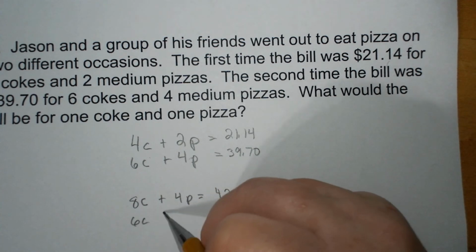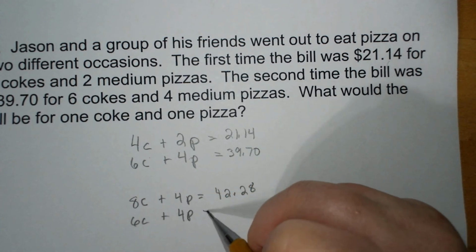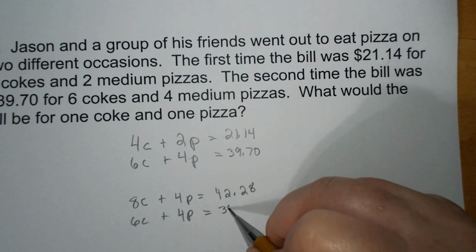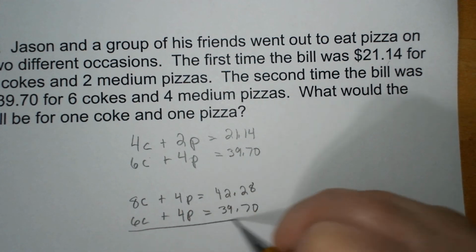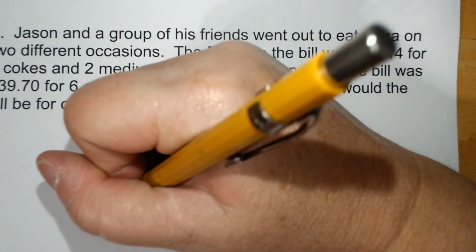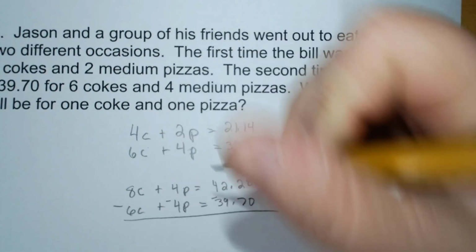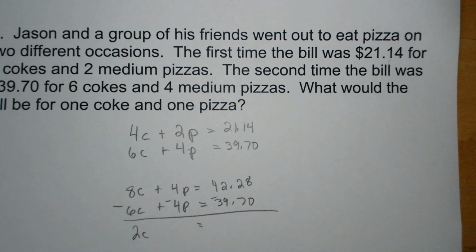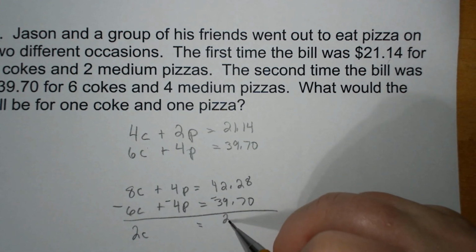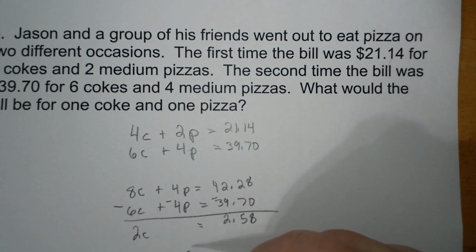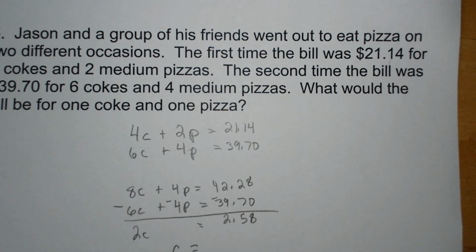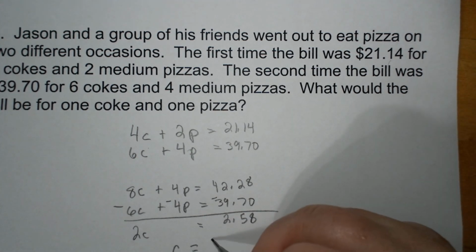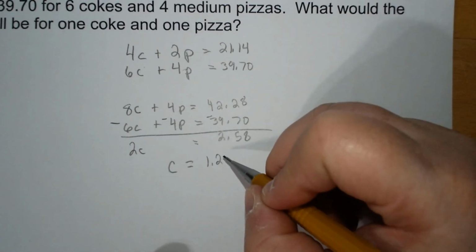And 6 Cokes plus 4 pizzas equals $39.70. Going to change the sign for elimination. 2 Cokes equals $2.58. 1 Coke equals $1.29.